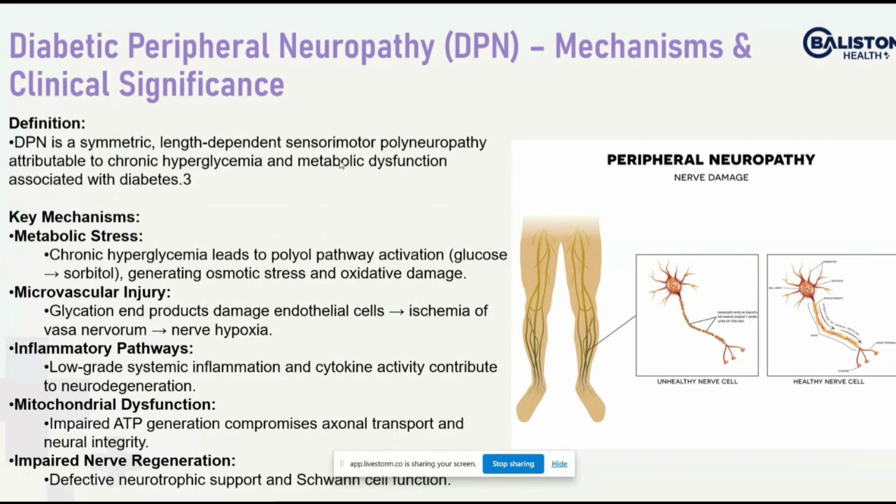So it can initially start as sort of that metabolic stress as a result of the hyperglycemia, and certainly some other things that the mechanisms are not just directly associated with being diabetic, but it's the insulin resistance as well, and we can talk about that at another time.